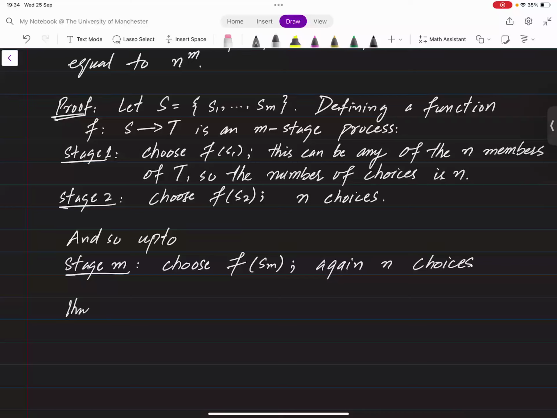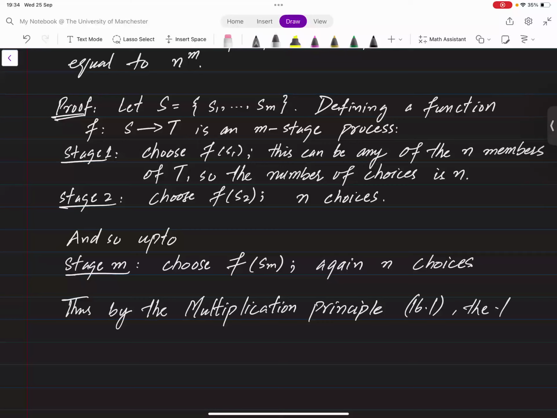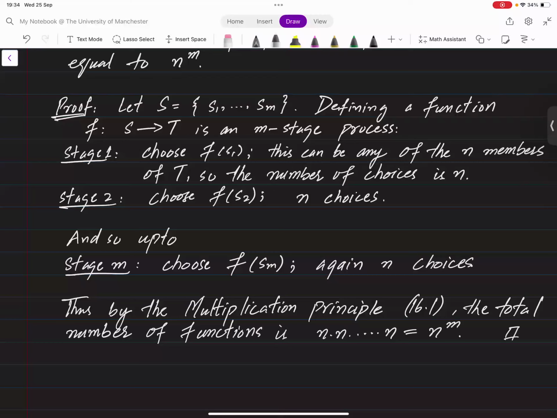Thus, by the multiplication principle 16.1, the total number of functions is the product n times n times n, that is n power m, because n is multiplying with itself m times.